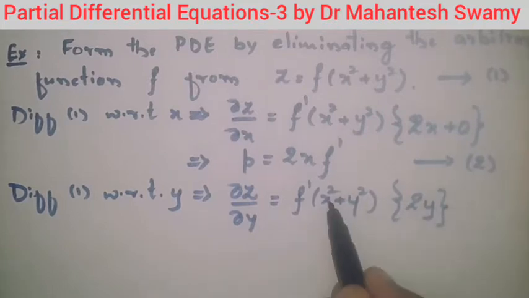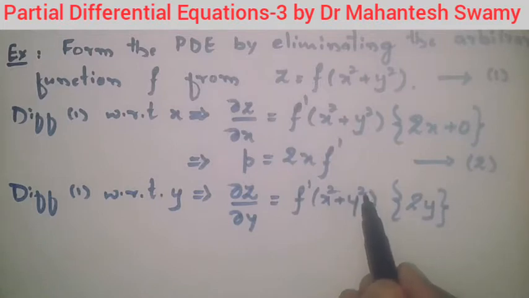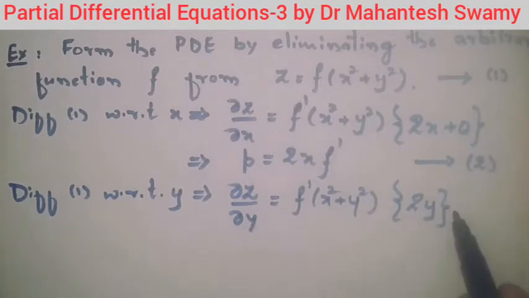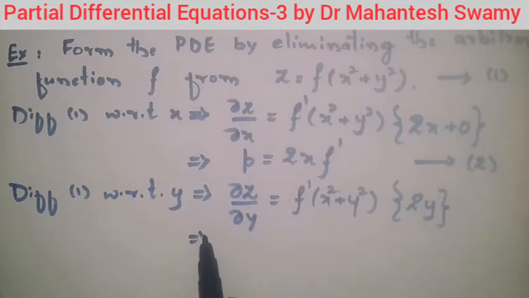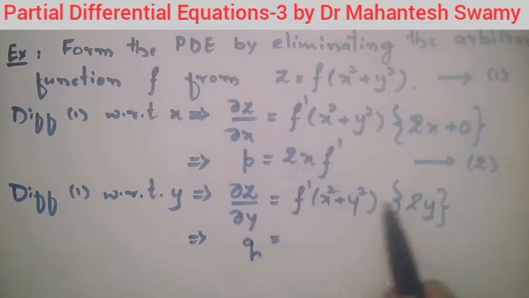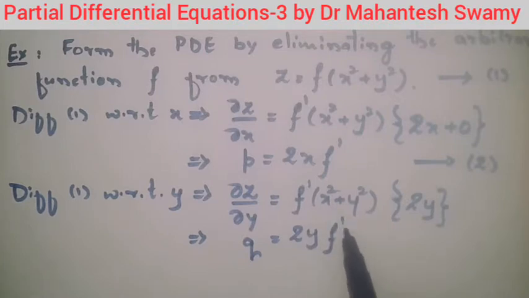The x square differentiation will be 0, and the y square differentiation will be 2y because differentiation is going on with respect to y. On simplification, this gives us q, which is equal to 2y times f dash, without writing the argument, and we are now calling it equation number 3.